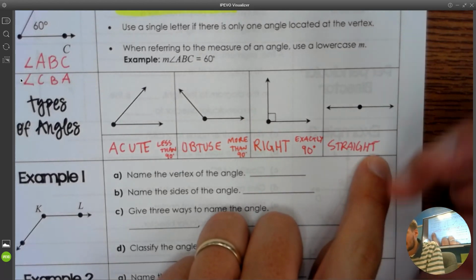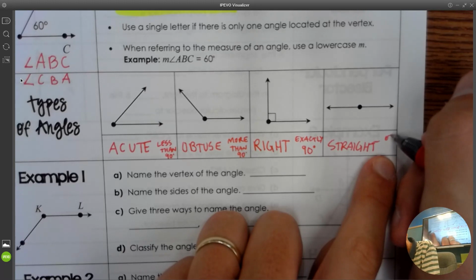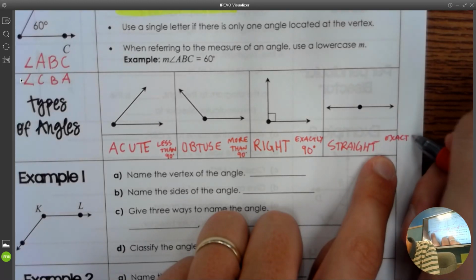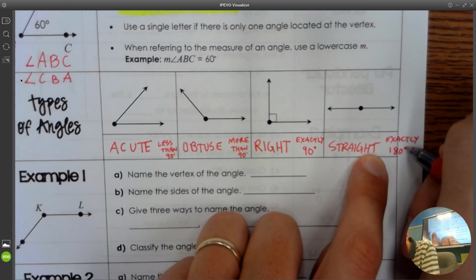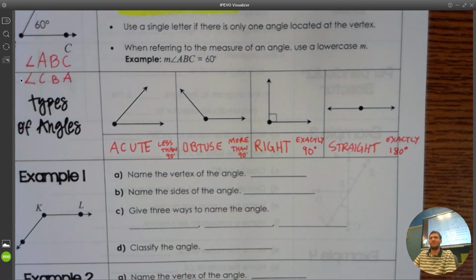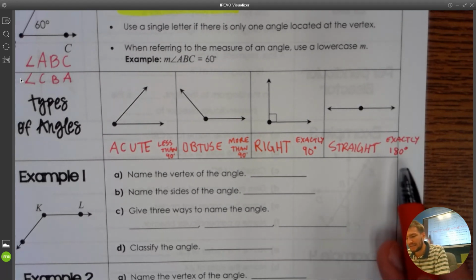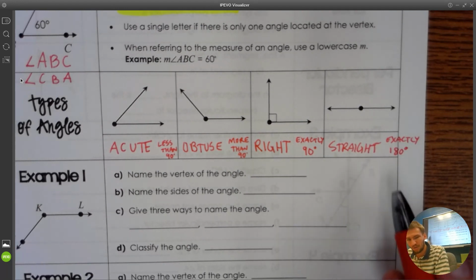It's going to be exactly 180 degrees. I know that 180 might seem like a random number on the first day of angles, but you're going to hear 180 literally another 12,000 times before you finish geometry. It's a number we're going to hear over and over again.